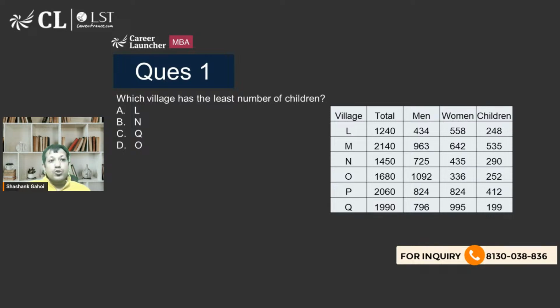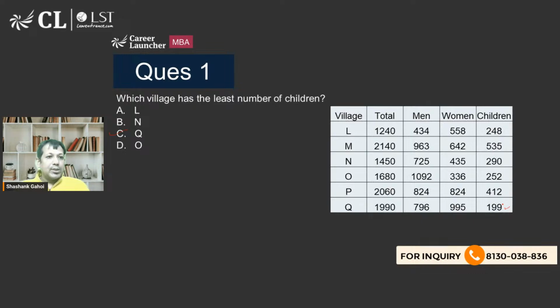Which village has the least number of children? I can directly see it is definitely going to be Q because it has 99 children, the least value among all.